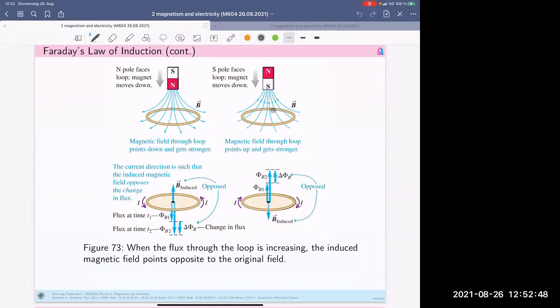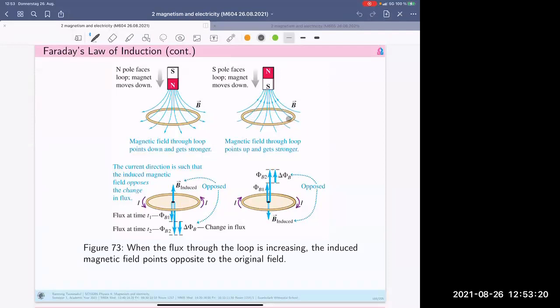From what we have heard at the beginning of this chapter, the north pole is the place that generates the magnetic field lines, but the south pole is the place where the permanent magnet receives the magnetic field lines. So you can see all the arrows of the magnetic field lines pointing to the south pole of that permanent magnet. And of course, the conductor is the main object of interest for us.